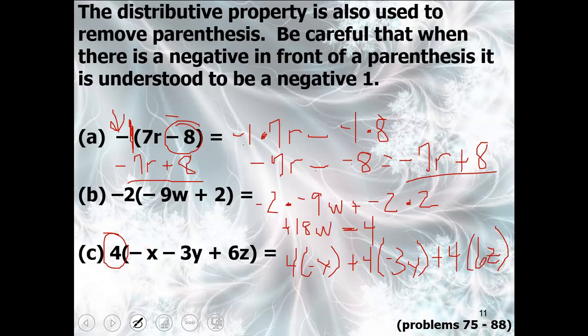What's 4 times negative x? Well, that's nothing more than negative 4x. What's 4 times negative 3? That's nothing more than negative 12y. What's 4 times 6z? That's nothing more than 24z. Okay? Just like that.